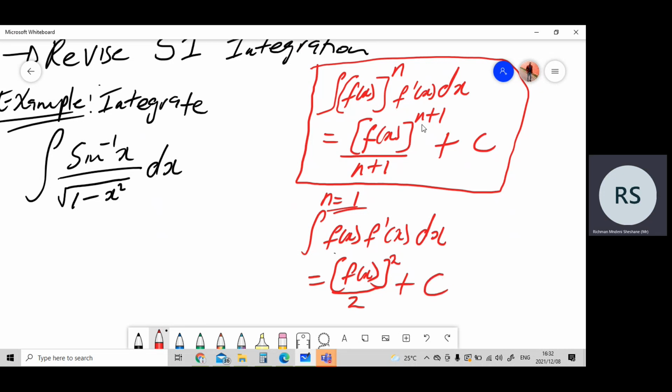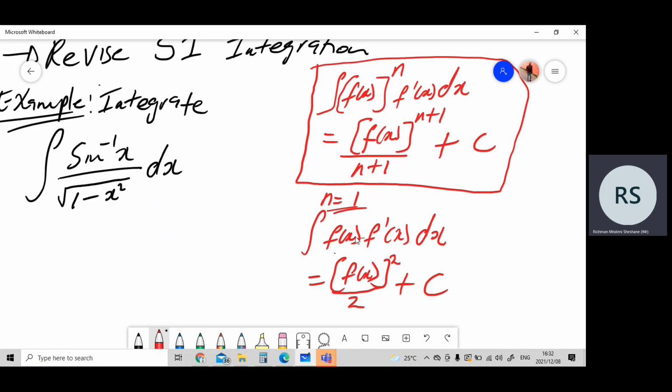Because if we have this formula, we always look for the function that is to the power of n. But when n equals 1, it's hard to see which function is to the power of n. But what you need to notice, whenever you have a product of two functions, and it happens that one function is a derivative of another function, then it's still the standard integral of f of x to the power of n, but our n is 1.